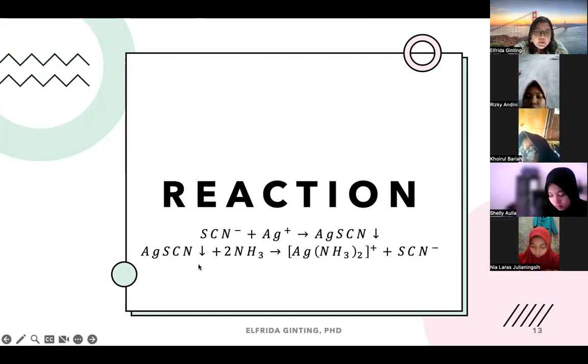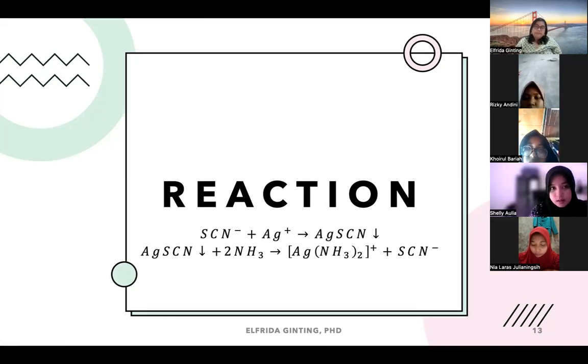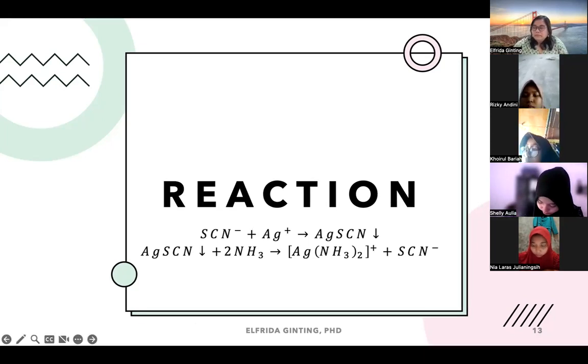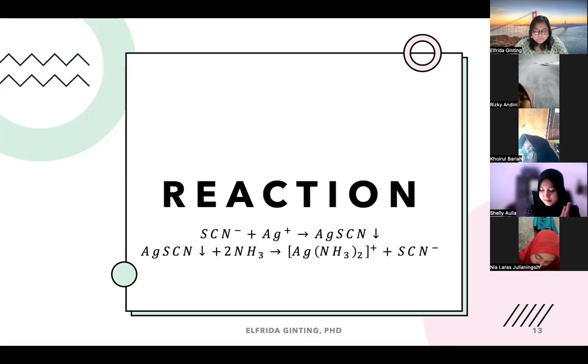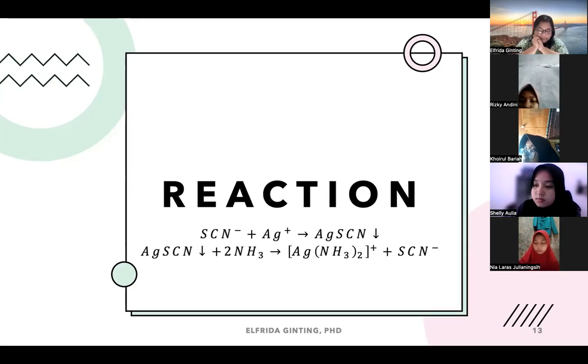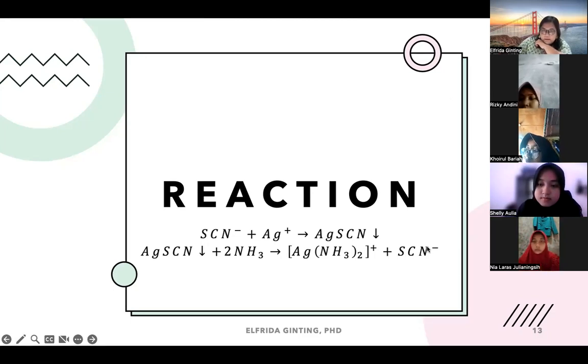But if you have a down arrow, it is a precipitate. So you can see here, this is soluble.